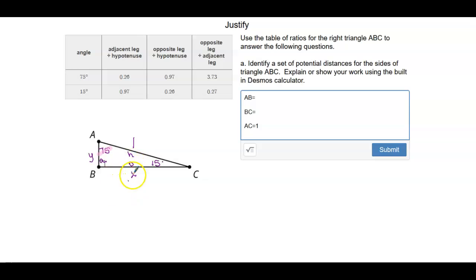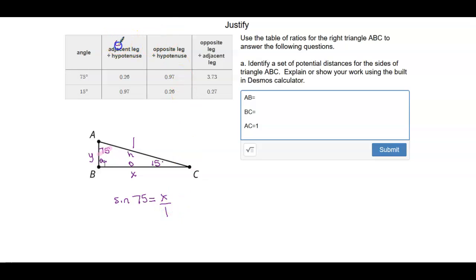So if I want to figure out the opposite, I would do the sine of 75 is equal to the opposite divided by the hypotenuse. So sine of 75 is equal to, the opposite is x, and the hypotenuse is 1.